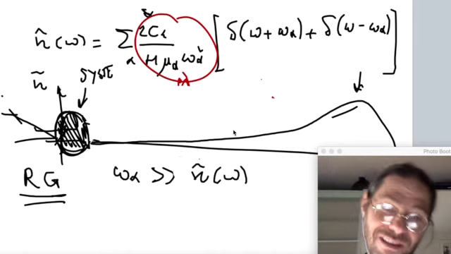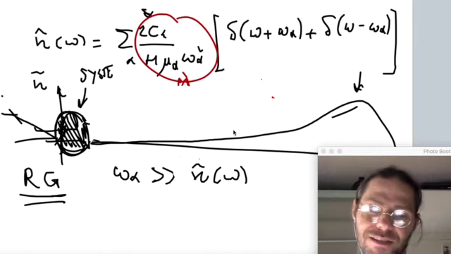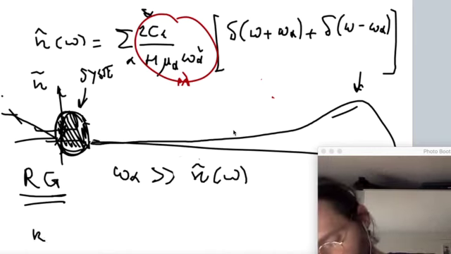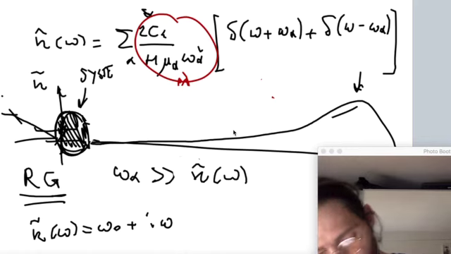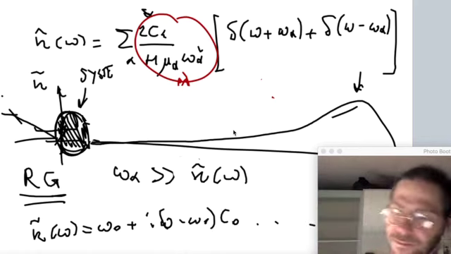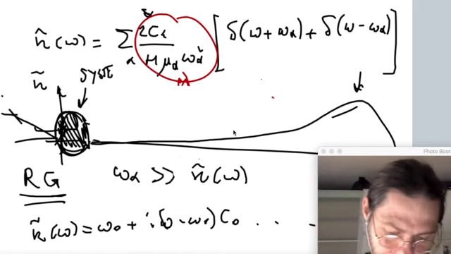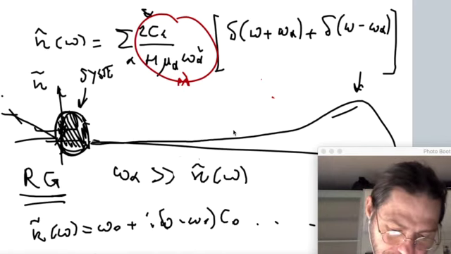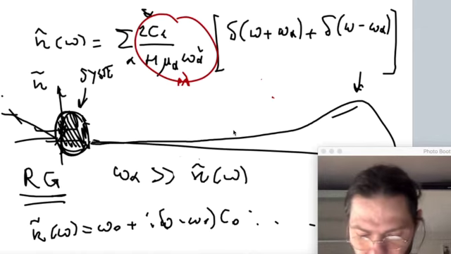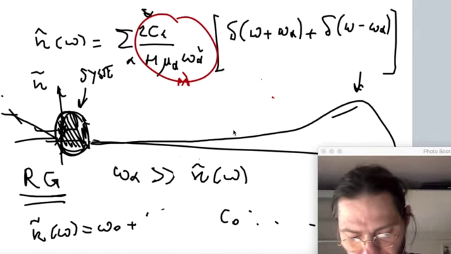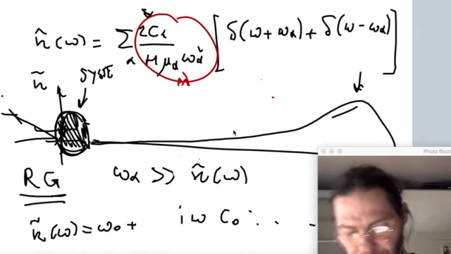It means once again that I can Taylor expand my spectral density k of omega as a constant term plus a term in omega minus omega naught, and so on. And omega naught is 0. So I get a constant term plus a frequency term plus higher orders.